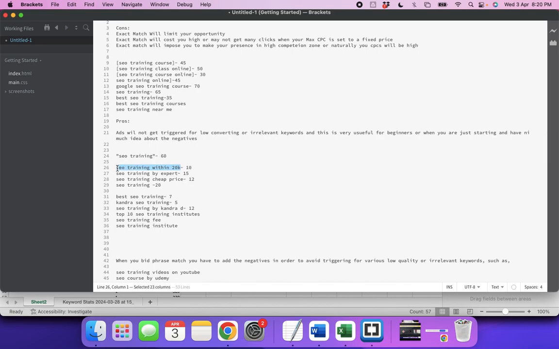Even if you bid on this in phrase or exact, it says low search volume or lengthy keyword, something like that. You cannot bid this in exact. Something that doesn't have many searches, you cannot bid in phrase match or exact match. Always such kinds of terms have to be derived out of seed keyword or parent keyword, right? There is no scope to add these kinds of keywords also.